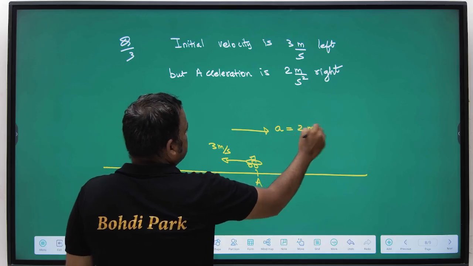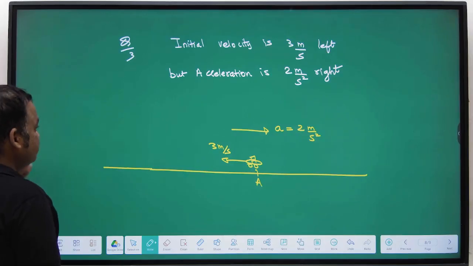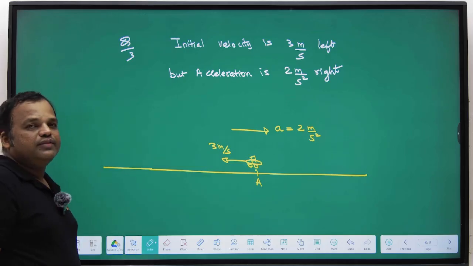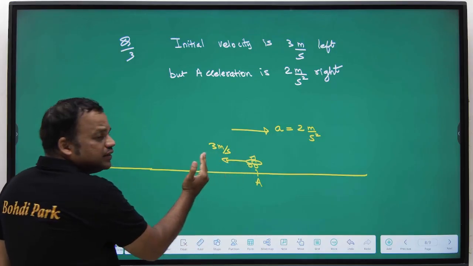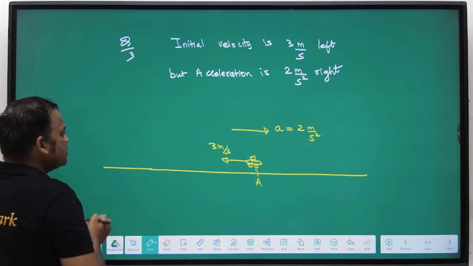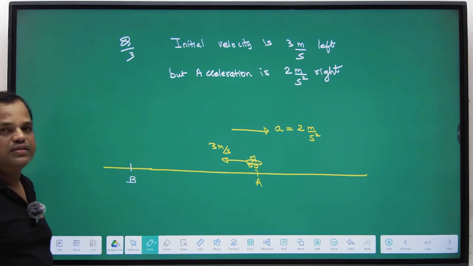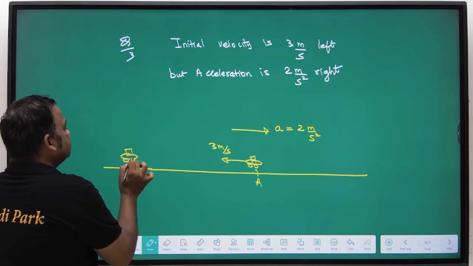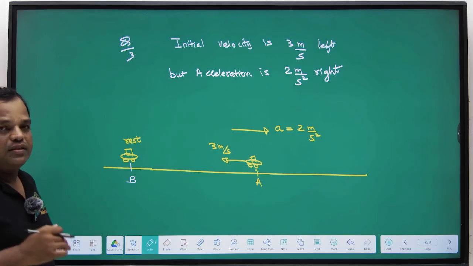It is 2 meter per second square. So velocity will decrease. There is a retardation. After some time, the velocity will become 0. Let us suppose that point is B when the velocity becomes 0. Now the car comes to rest.